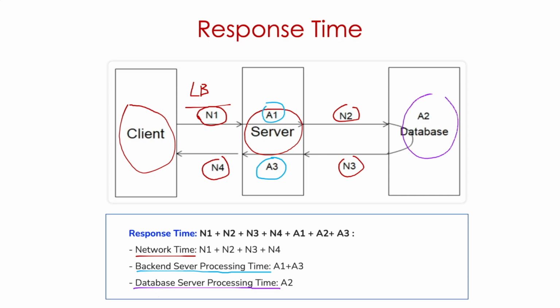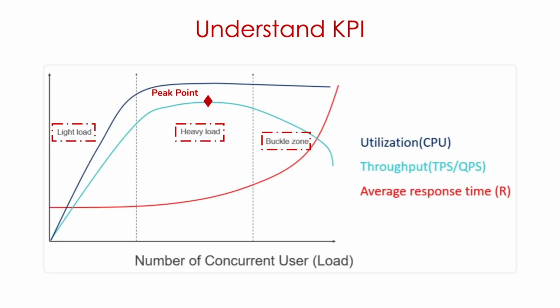Obviously, that's A2. So if we get a slower response time, we should figure out which endpoint is the bottleneck. That's what we call performance analysis. In the following sessions, I'll show you how to do the performance analysis and how to find out the bottlenecks.